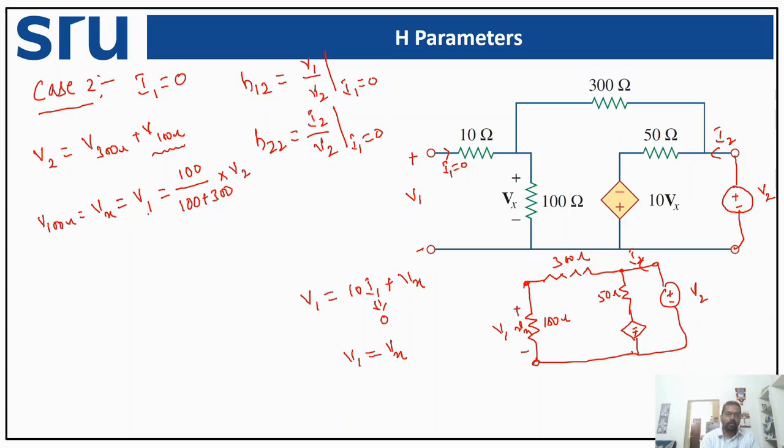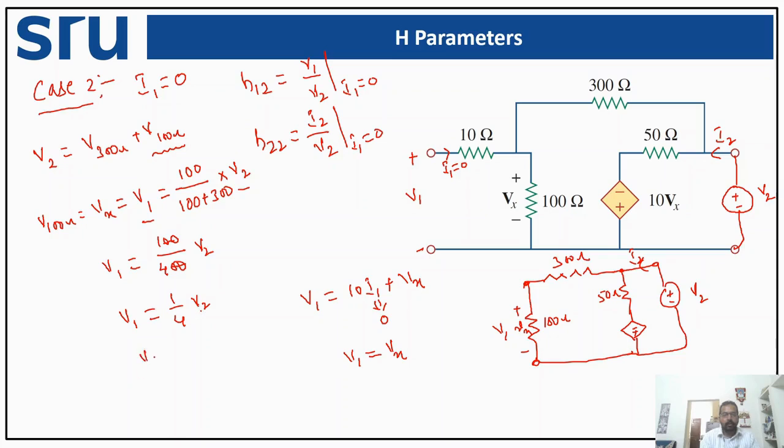So if you observe here, we got the relationship between V1 and V2. V1 is equal to 100 divided by 100 plus 300, that is 400, times V2. So V1 is equal to 1 by 4 V2. But what we require is V1 by V2.